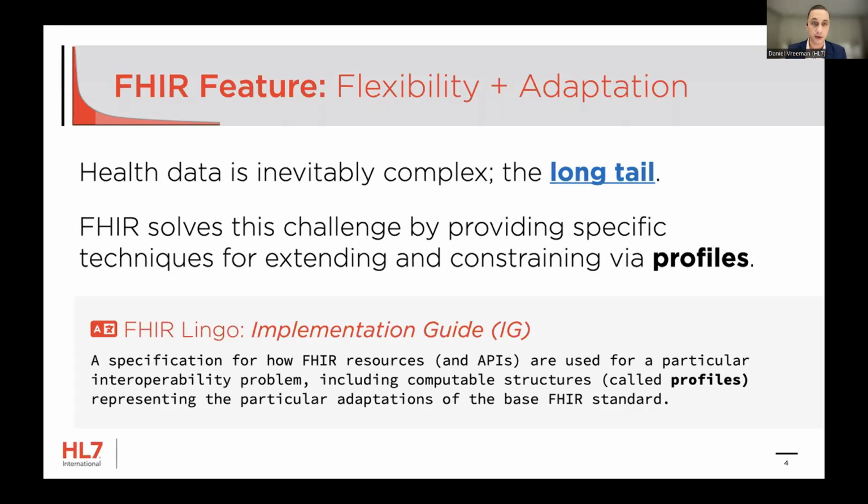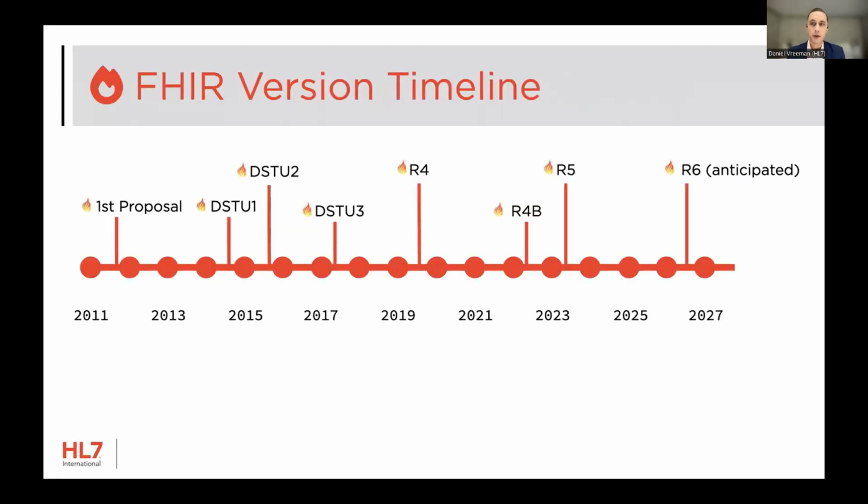So although FHIR has seemingly, in some sense, become an overnight success or appeared on the scene very recently, I wanted to show you the historical timeline of different FHIR versions. The initial draft was published back in 2011, and there have been several key milestone releases, including the first normative release, release 4, that happened in 2019, and release 5, our latest release that came out earlier this year.